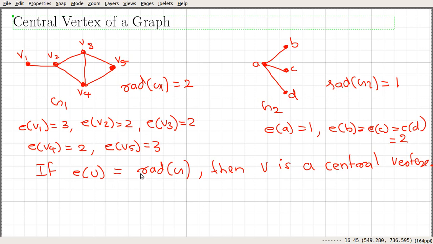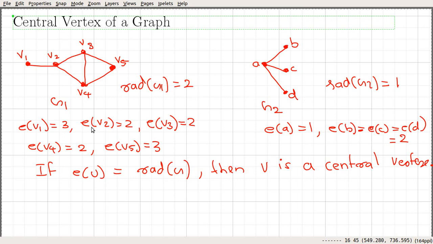So the central vertex is defined in this way, if the eccentricity is equal to the radius. If you consider V1, the eccentricity of V1 is 3, it is not equal to 2, so that is not a central vertex.